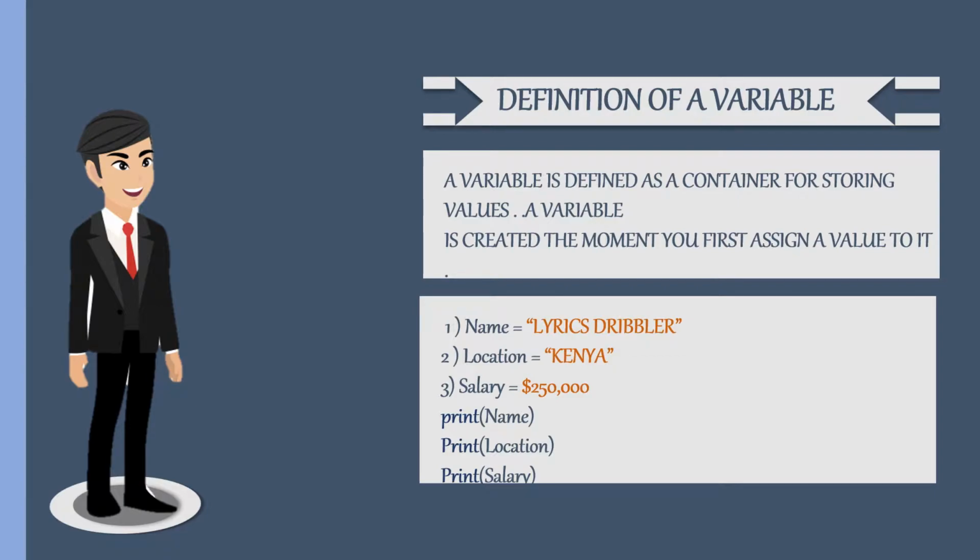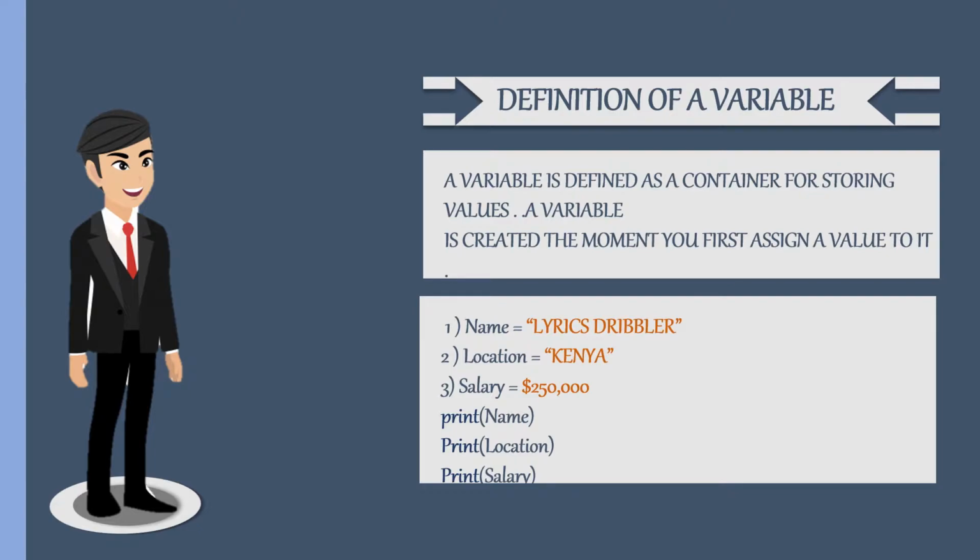In our case, let's say a person is called Lyrics Dribbler and he lives in Kenya. Then the variables will be the name and location, which will be assigned the values Lyrics Dribbler and Kenya respectively, as shown in example 1 and 2. The variables that are qualitative in nature can be represented in opening and closing speech marks, thus are referred to as strings.